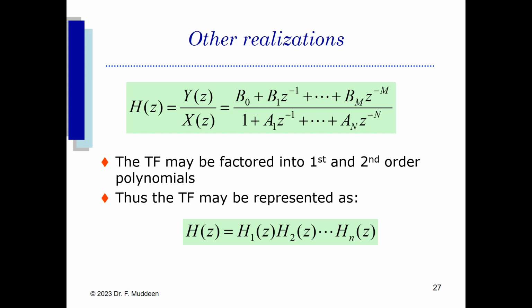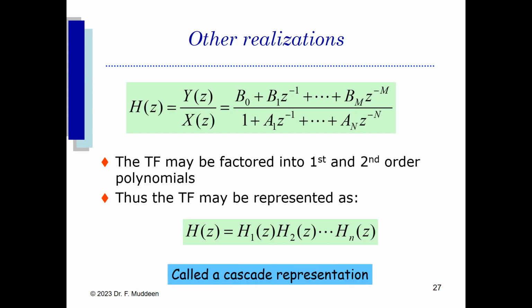Same thing here. So I could take a higher order transfer function, factorize it, and express it as a product of smaller transfer functions, first and second order ones. This is called a cascade representation.